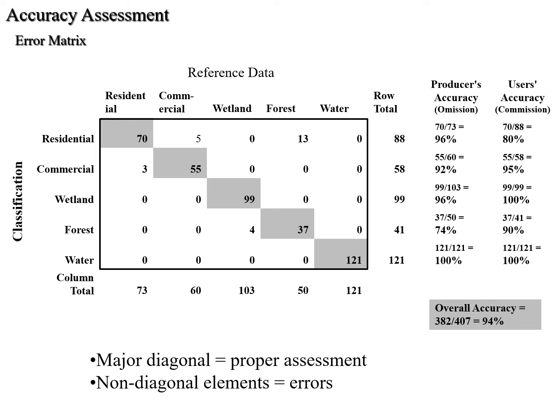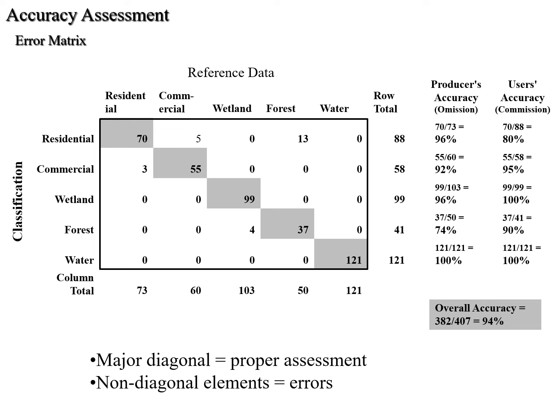Starting at the upper left, we observed a certain number of pixels. 70 of those pixels were residential and were classified as residential in the classification. Commercial, 55 points were commercial in the real world and also in the reference data. And so on and so forth.